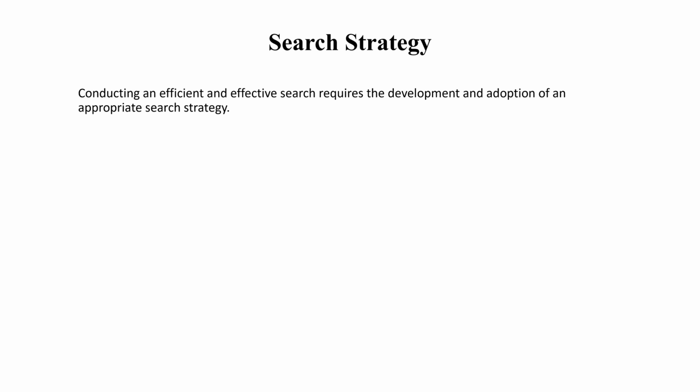It is a combination of keywords, phrases, subject headings, and limiters designed to retrieve accurate results. It involves designing a method that maximizes your chances of finding the most relevant and accurate information for your research topic or your research question.